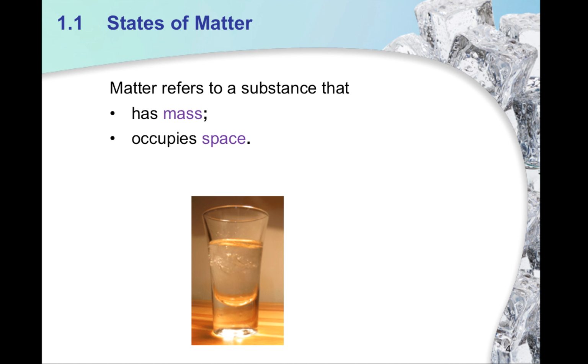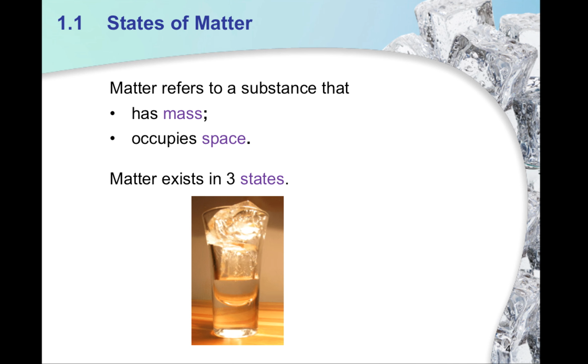Now, matter refers to a substance that has mass and occupies space. In your primary school education, you have learned these particular properties. For example, solid has a definite shape, definite volume. Gas has no definite shape, no definite volume. And for liquid, you have no definite shape but definite volume.